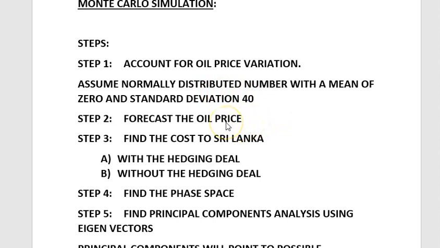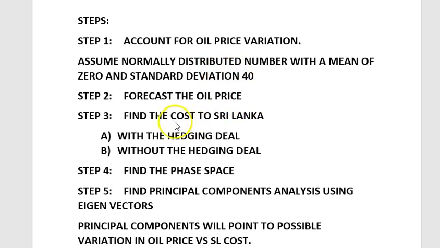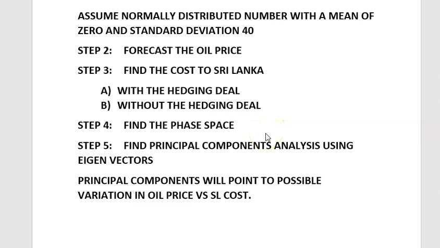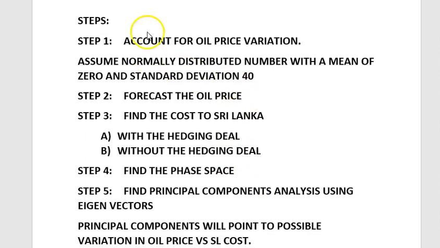And then you forecast the oil price, and then you have two analyses that you could do: the cost to Sri Lanka with the hedging deal, and then without the hedging deal. So you have all these costs, and then you could vary the variation. Depending upon the variation, you would have different numbers, two numbers for each variation.